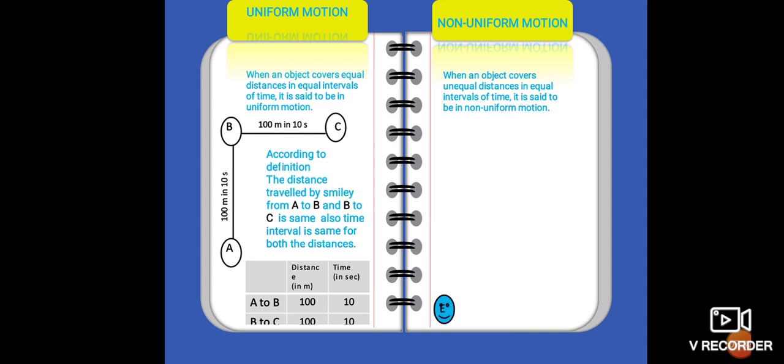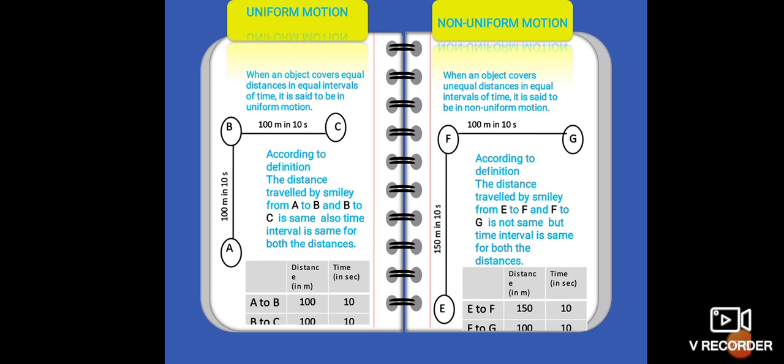From point E, this smiley covers 150 meters in 10 seconds, but from point F to G it covers 100 meters in 10 seconds. Here this smiley covers different distances in equal intervals of time, and that is the example of non-uniform motion.